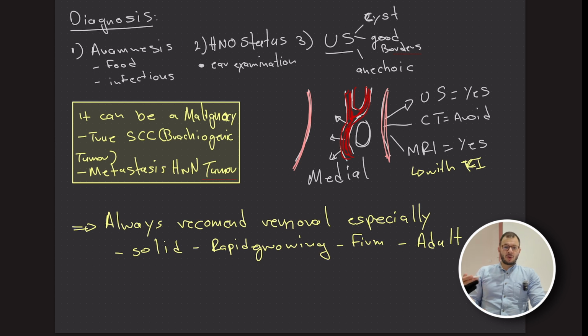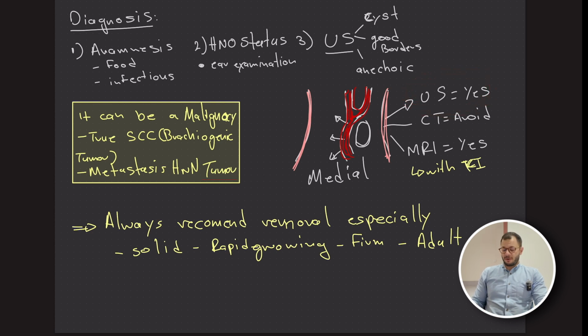Now, the next step is to do an ultrasound. In this ultrasound, you will see a cyst that has good borders and it's anechoic. Also here, you will see the medial displacement of the common carotid artery and the bifurcation of the carotid. Now, it's usually recommended to do an ultrasound.